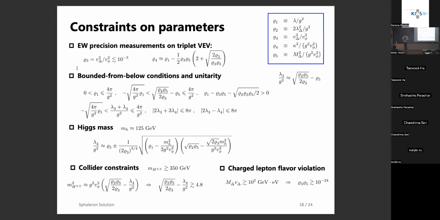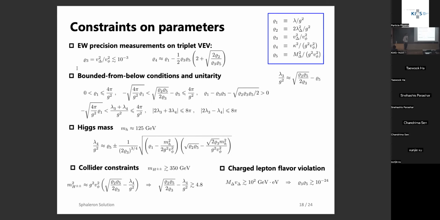And because the interaction of the triplet, the doublet and the lepton doublet violates lepton number explicitly, it can induce charged lepton flavor violation processes like mu to e gamma.